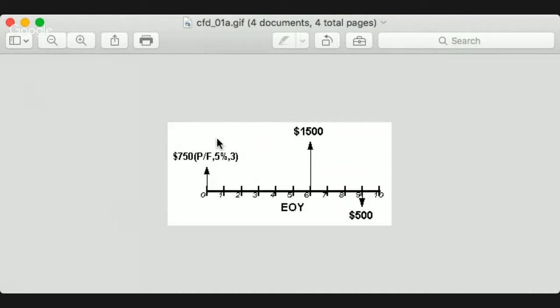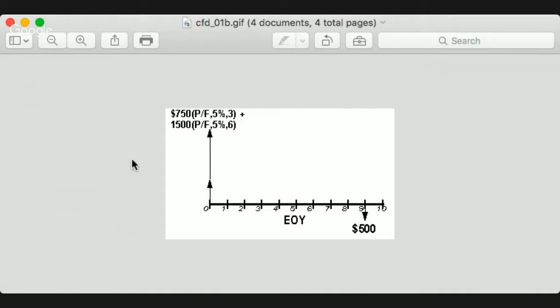P given F, 5%, 6 years, right? 6 years. So that's what we have now. The 750 times P given F, 5%, 3, plus 1,500 P given F, 5%, 6.